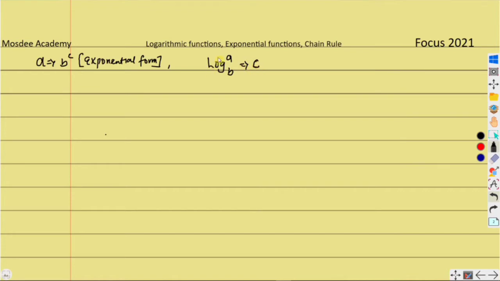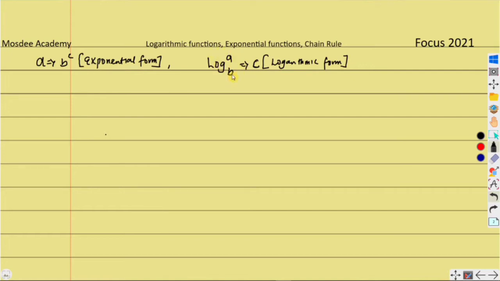The logic of changing exponential form of equation to logarithmic form of equation is very, very important in mathematics class. This is called the logarithmic form. And this is the definition you give to your exponent, which is indices, as well as log.